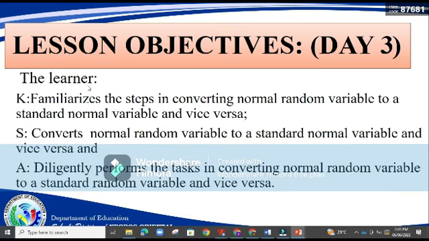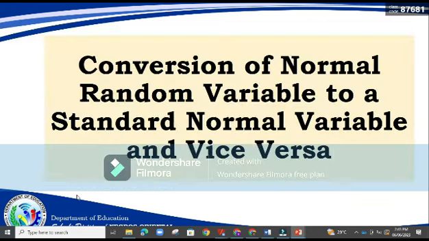At the end of this video lesson, you are expected to familiarize the steps in converting normal random variable to a standard normal variable and vice versa, then convert normal random variable to a standard normal variable and vice versa, and diligently perform the task in converting normal random variable to a standard normal variable and vice versa. Okay, so let's get started.